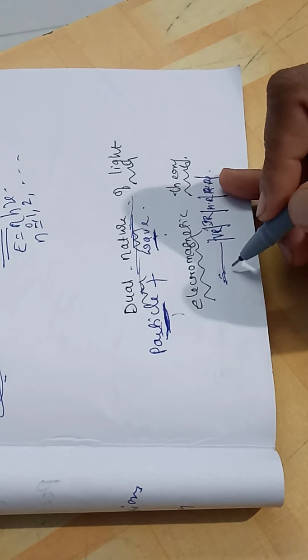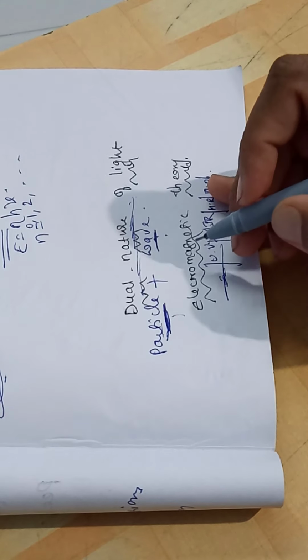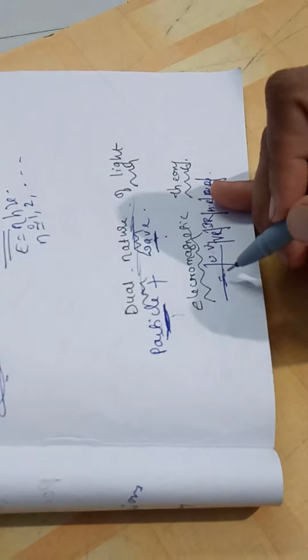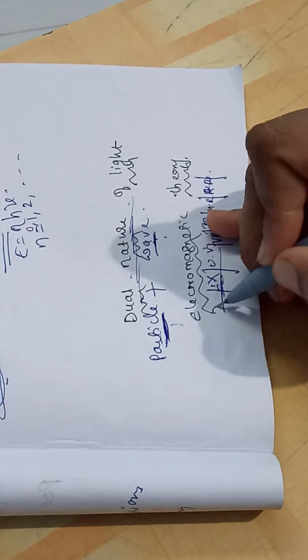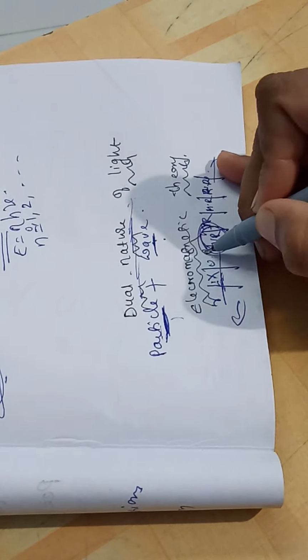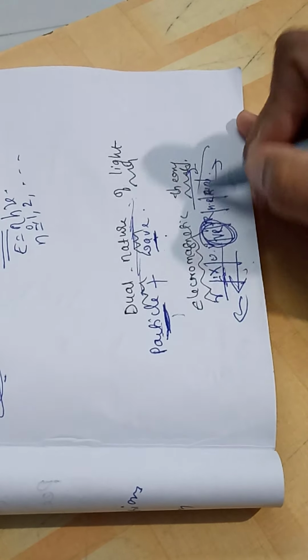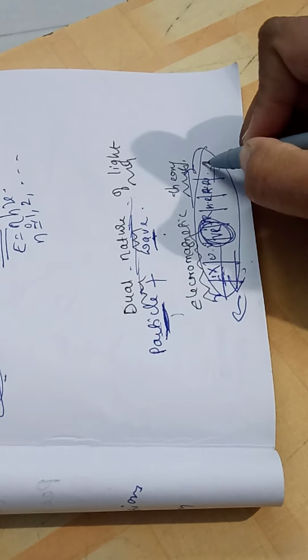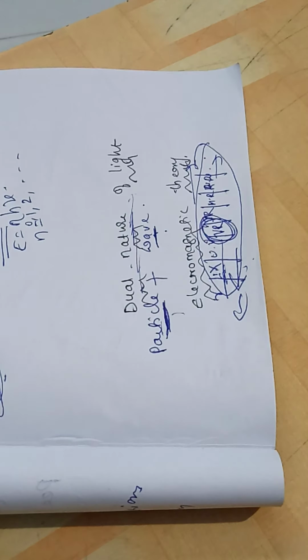Next, below this, the ultraviolet region, then X-ray, gamma, and so on. Only the visible region we can see. These are of higher wavelength, these are of shorter wavelength. The combination we call the electromagnetic spectrum. So light comes in the form of the electromagnetic spectrum. This is about electromagnetic theory.